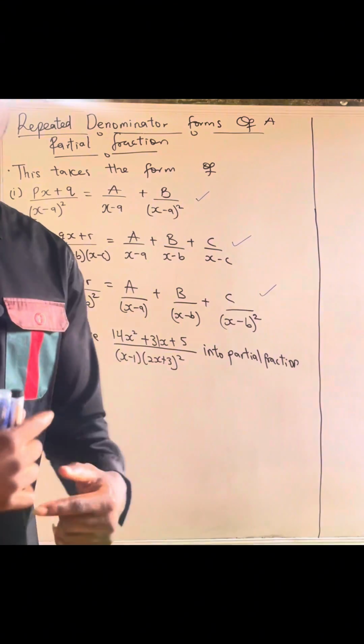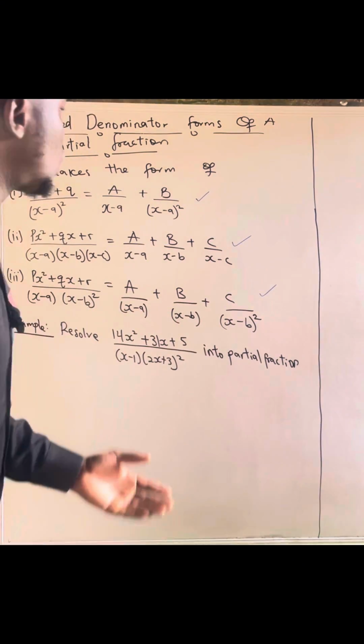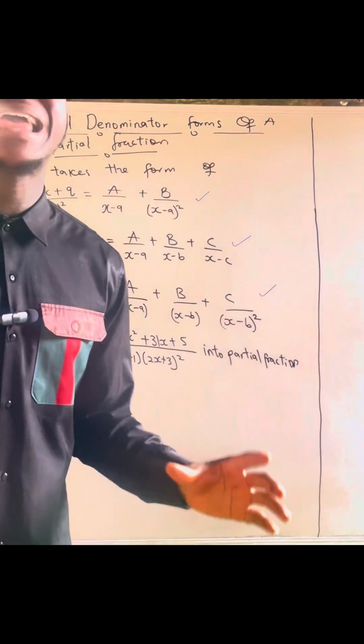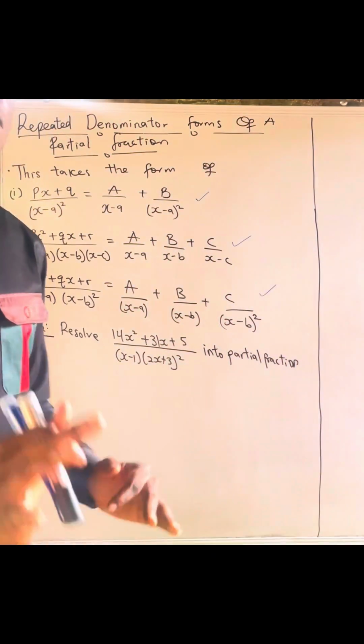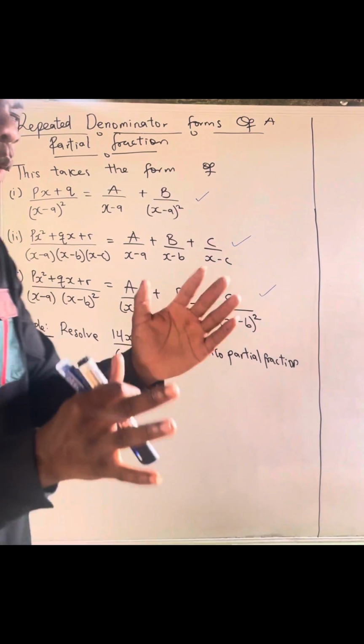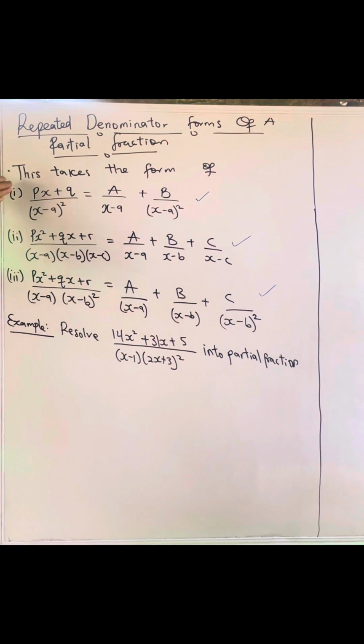Or a repeated denominator? If you check this, you will see that this question is taking a repeated denominator. Once you determine that, you check which form of repeated denominator it is taking out of these three. You will see that this question is taking the number 3 form.